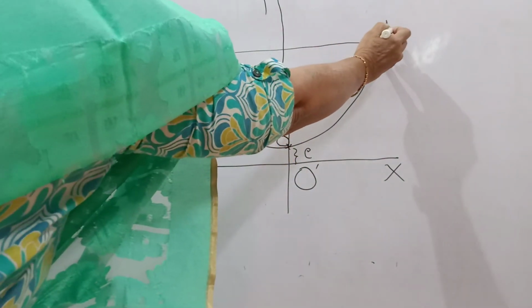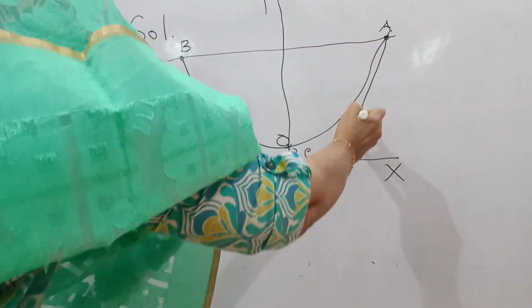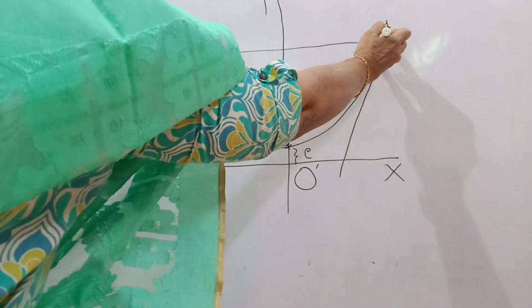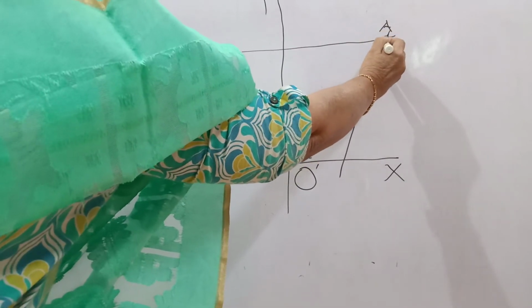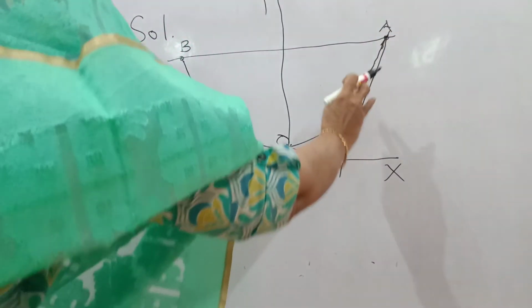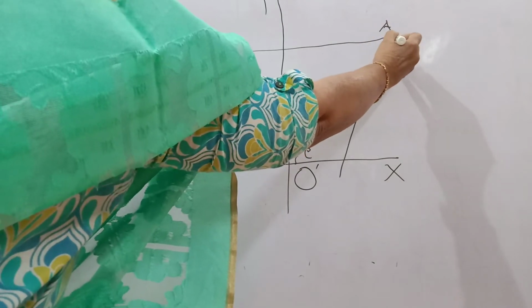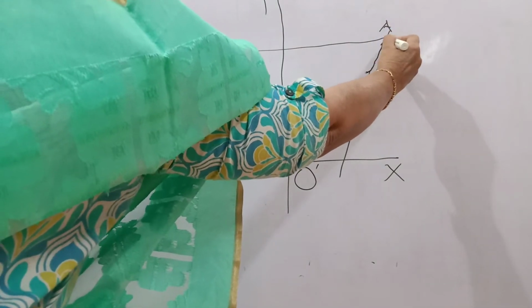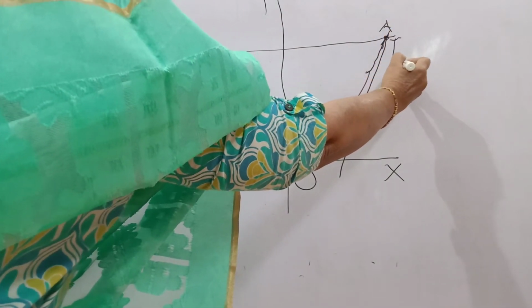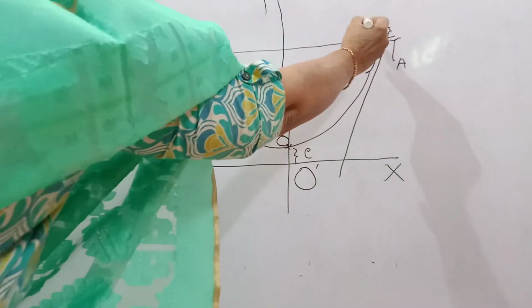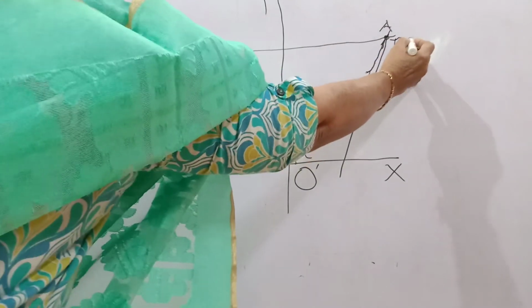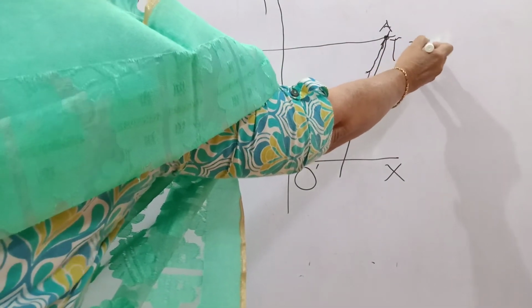Now, the tension at A, tension is always tangential. So, at the point A, draw a tangent. Tension at A is sometimes also written as TA. Let us take the coordinates of A as x and y.